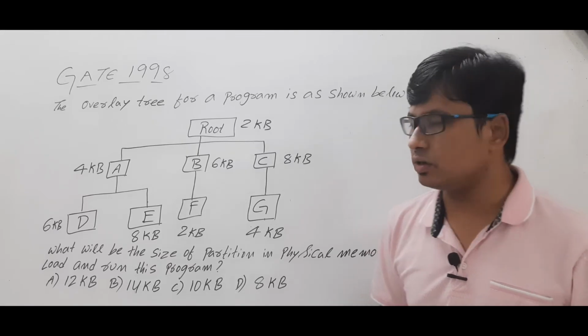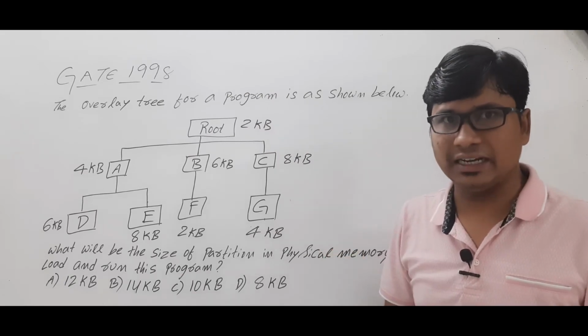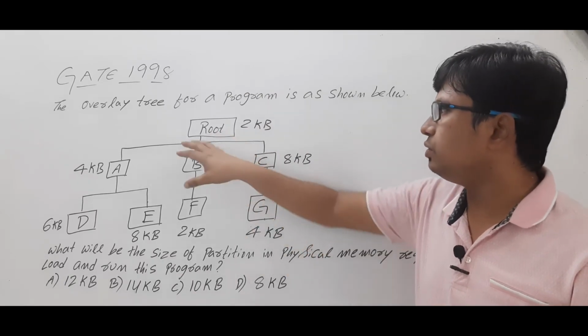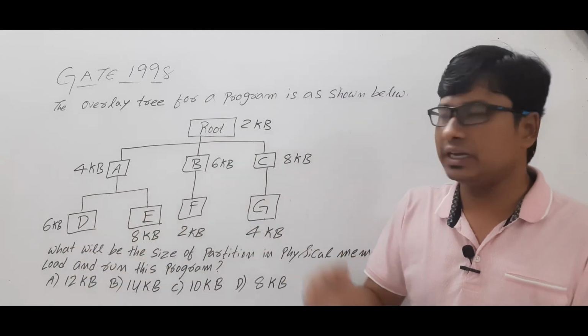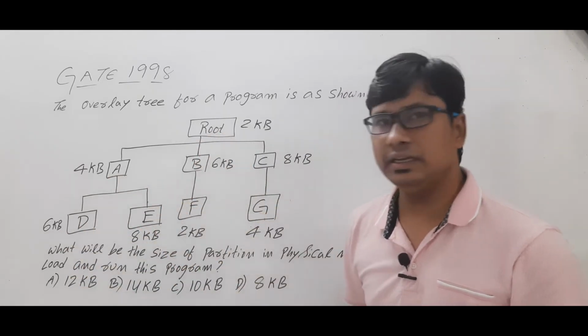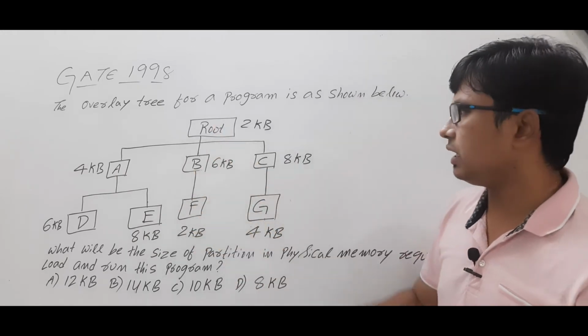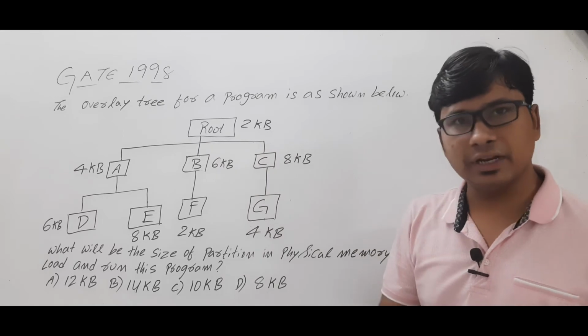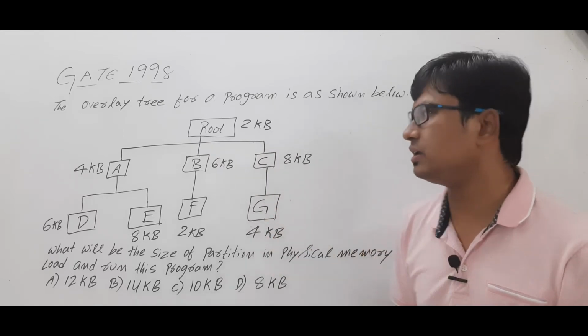Now, in the overlay concept, we have to run any one part of the program at a time. Am I right or wrong? So root, A, D can be one combination that we can run together. Root, A, E can be run. Or root, B, F can be run at one time. Root, C, G can be run at one time, because all of these will not be run combined. Is it clear in overlay?